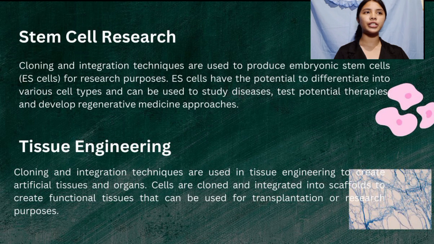Cloning and integration techniques are used in tissue engineering to create artificial tissues and organs. Cells are cloned and integrated into scaffolding to create functional tissues that can be used for transplantation or research purposes. This application has been growing rapidly and involves creating functional tissues and organs in a lab.